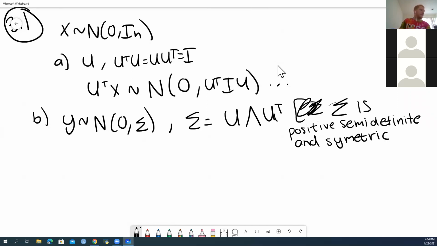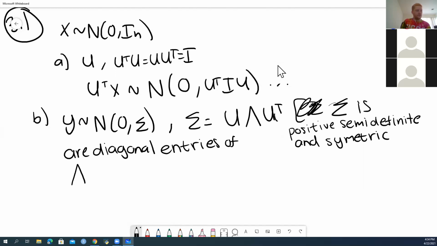B asks: are the diagonal entries of sigma non-negative? You need to use the fact that it's positive semi-definite and symmetric to show that.